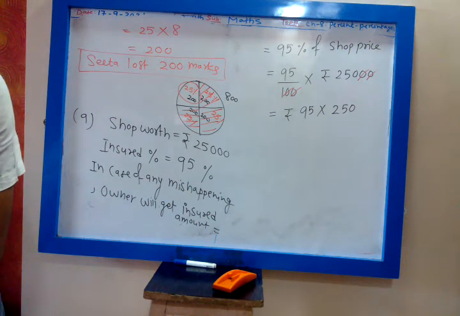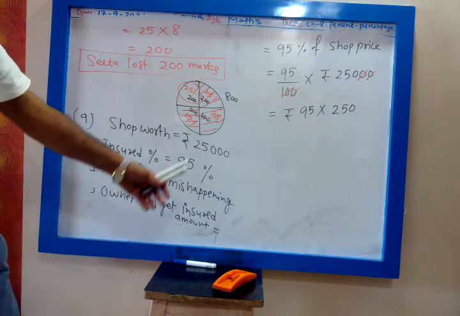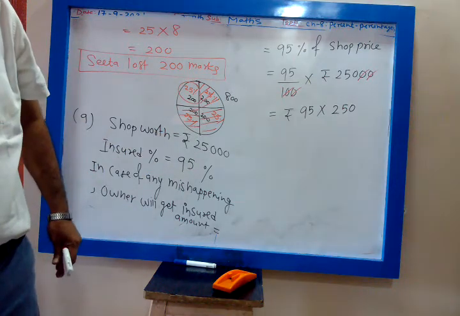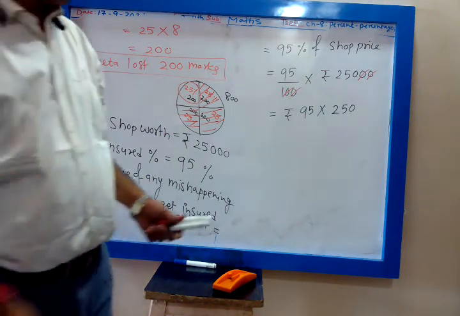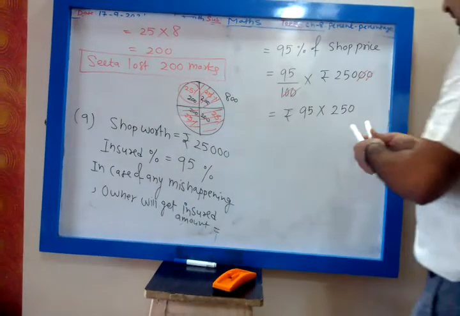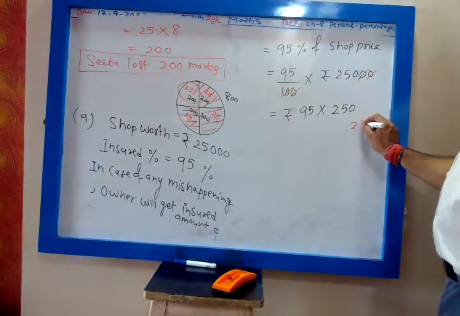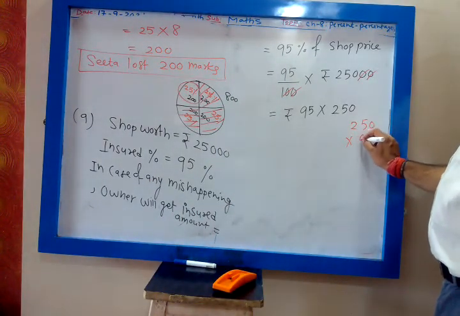Wrong answer, my dear. What are you telling me? Wrong. 250 into 95, multiply, no? 250 into 95.